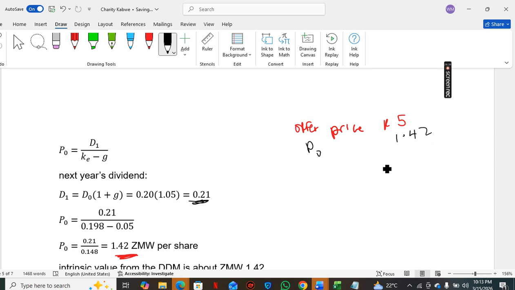So the intrinsic value is less than the offer price, so this share is undervalued. If the intrinsic value is less than the offer price, the share is undervalued.